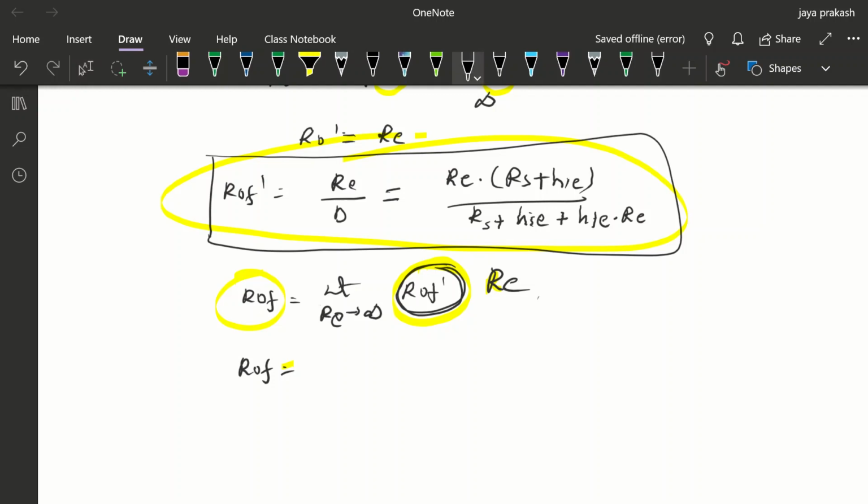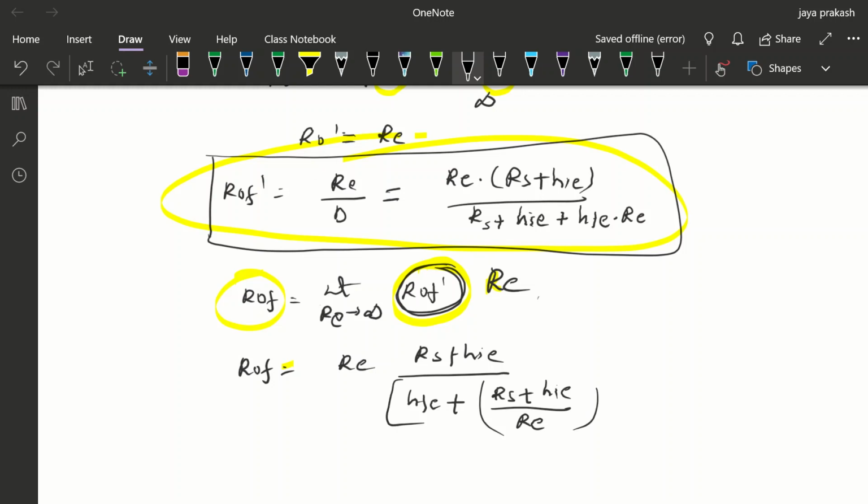In the above equation we have taken RE from the numerator: RS plus HIE divided by HFE plus RS plus HIE divided by RE, all into RE. So this RE will get cancelled. Now substitute RE tends to infinity in this expression.